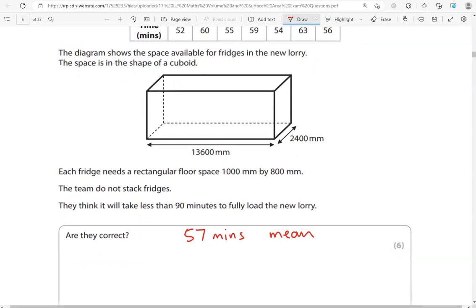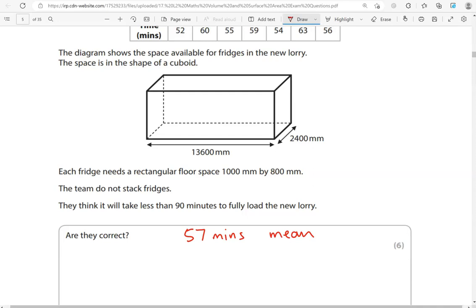Now we've got the diagram which shows the space available for fridges in the new lorry, and we've got the dimensions: 13,600 millimeters by 2,400 millimeters. So let's work out how many fridges will fit along the length.